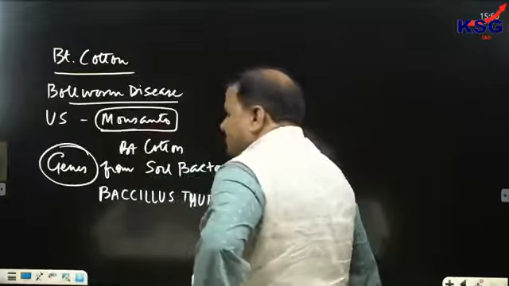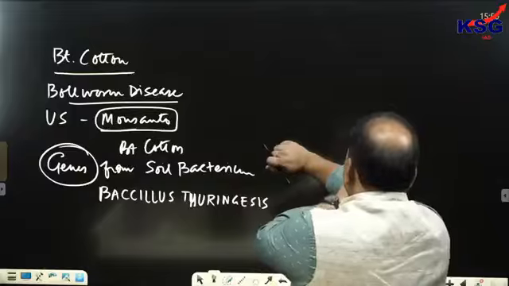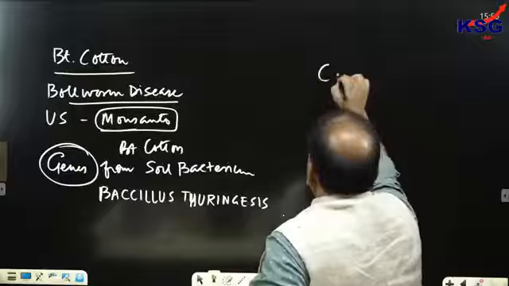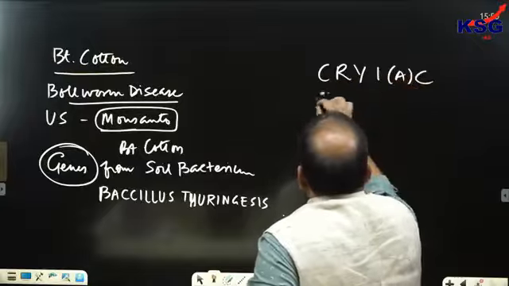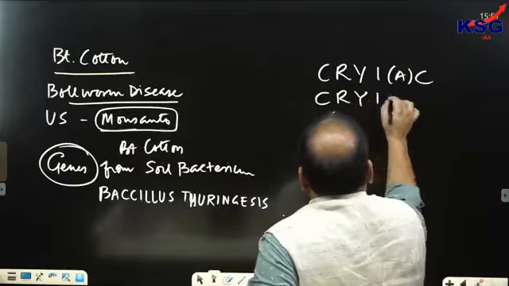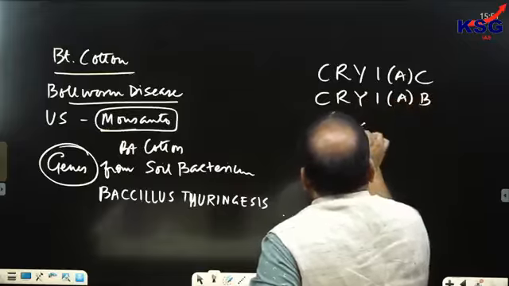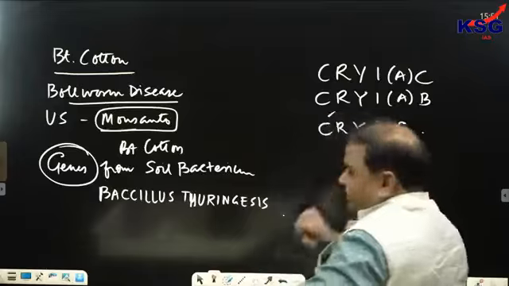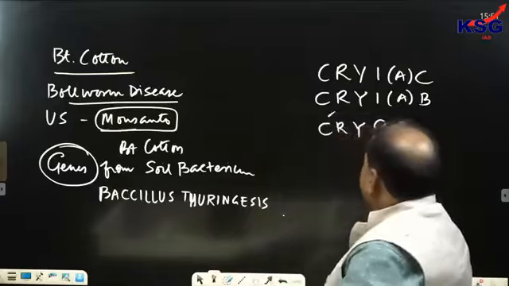That's why it was called BT. The genes included cry1AC, cry1AB, cry9C.